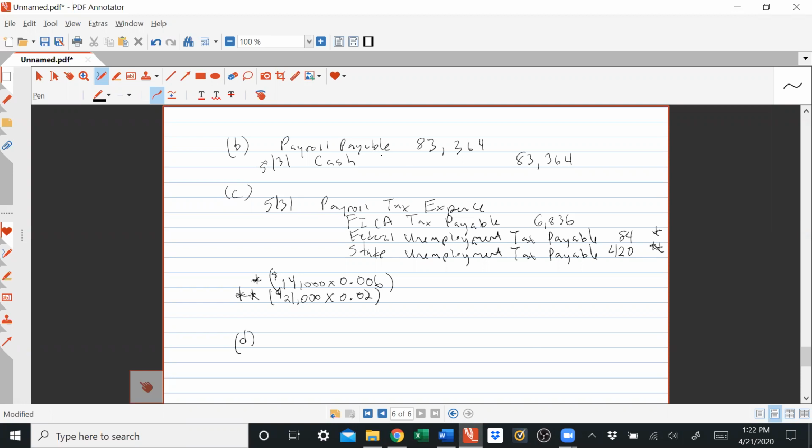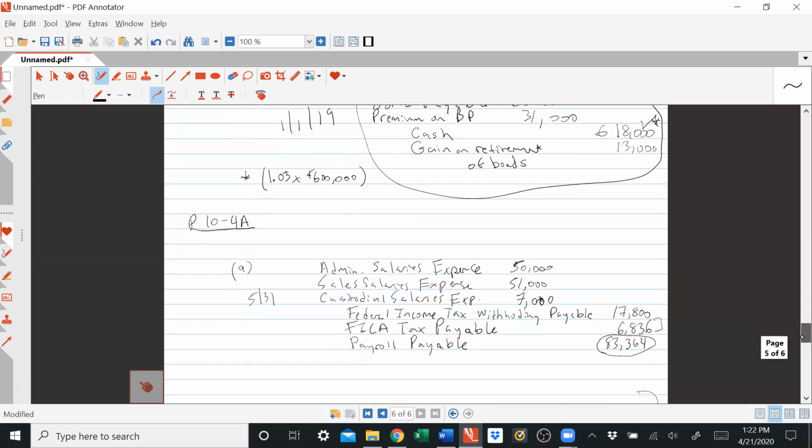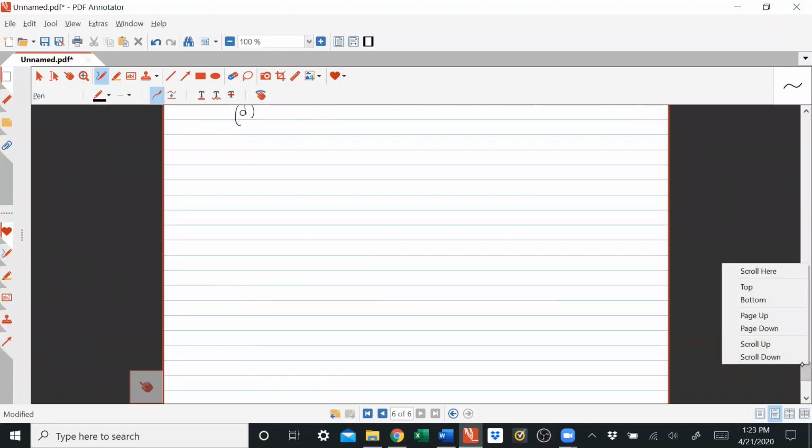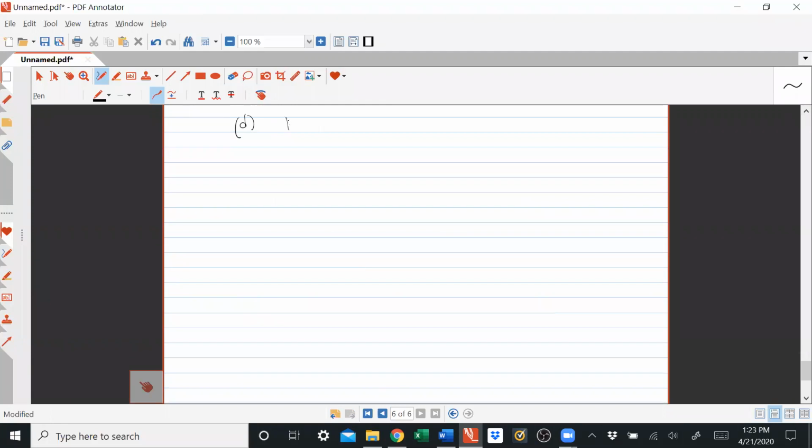So we would debit all the payables. If we go back up here, our first payable was our federal income tax, which we withheld. We owe that to the government on our employees' behalf. So we want to debit federal income tax withholding payable.